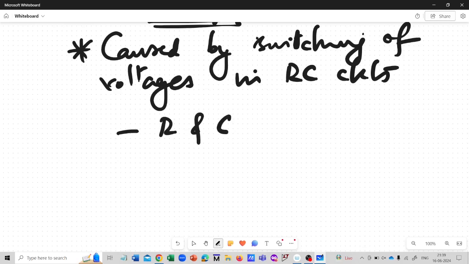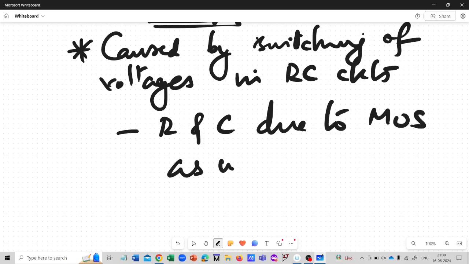So R and C are due to the MOS as well as the interconnects.